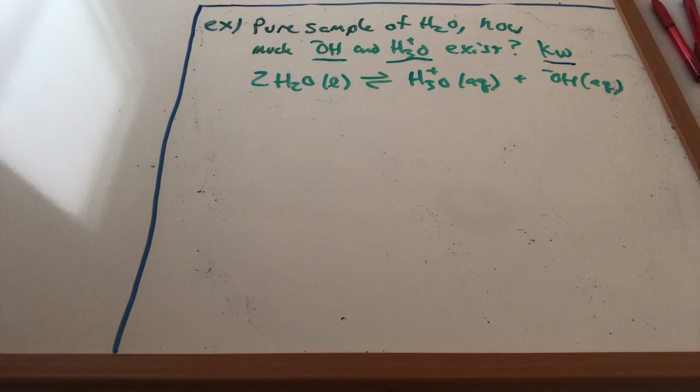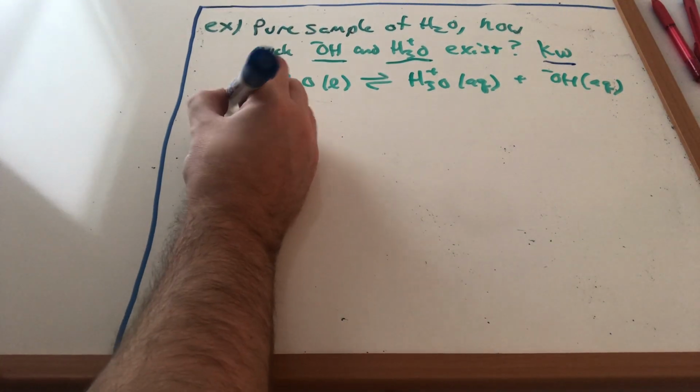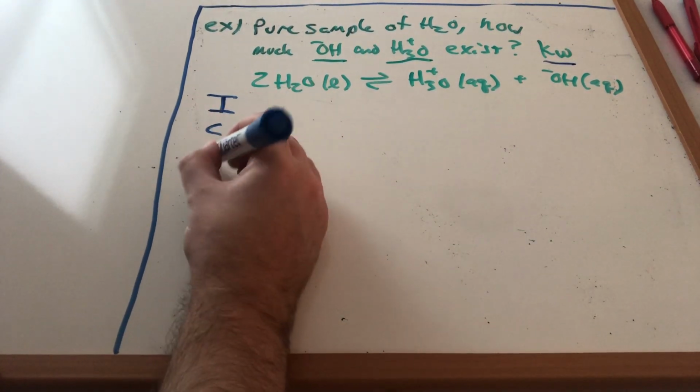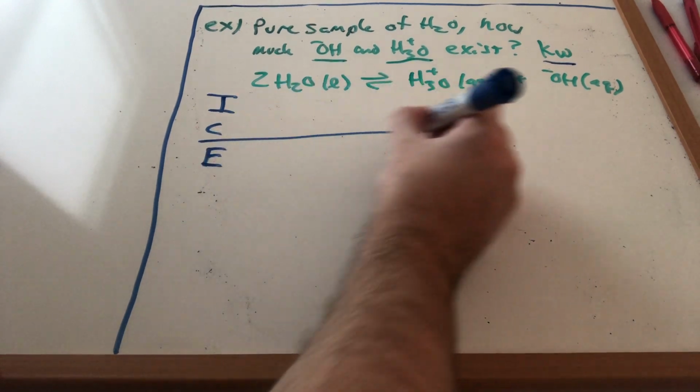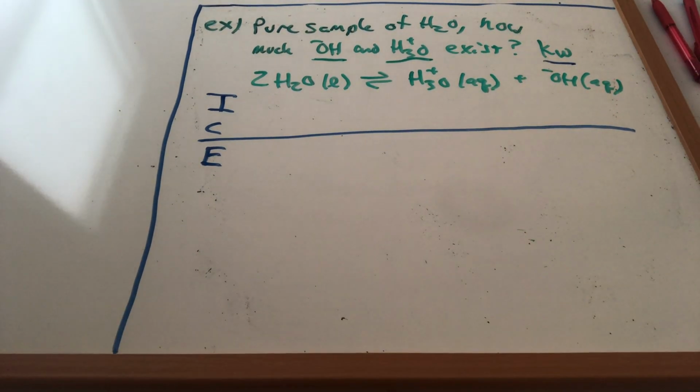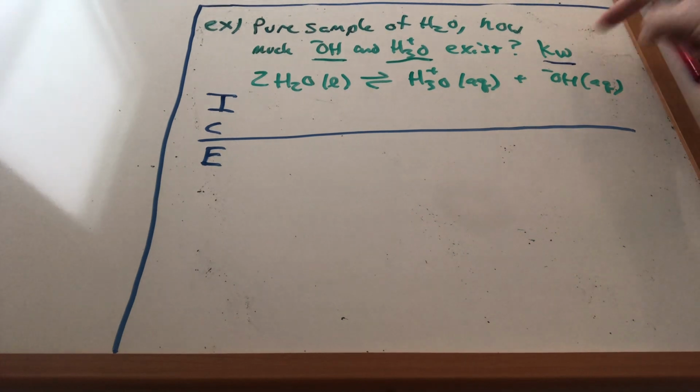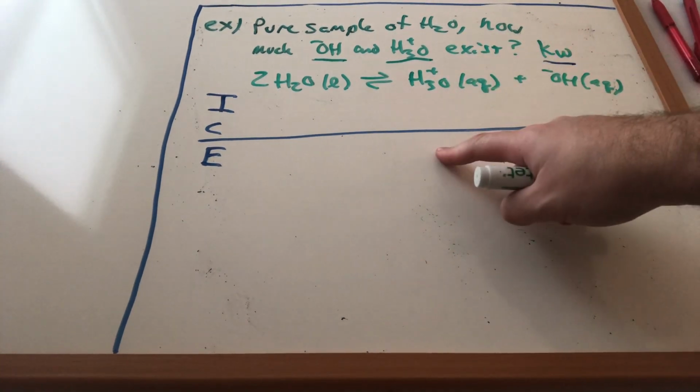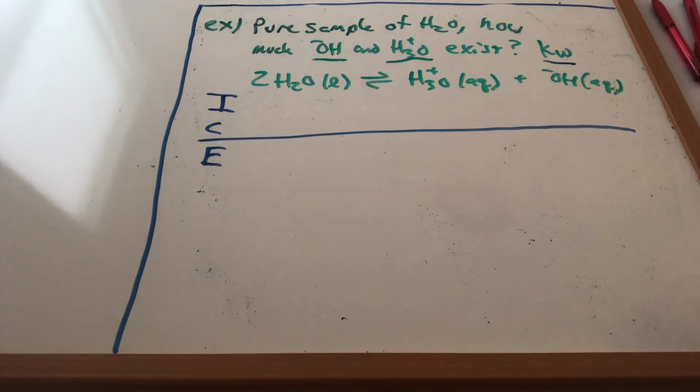Just like our last sections of this course, we're going to make an ice table, because we have to allow this system to come to equilibrium. We have to take this system and, with its K, determine how much H3O plus and how much OH minus I am going to make with this process.